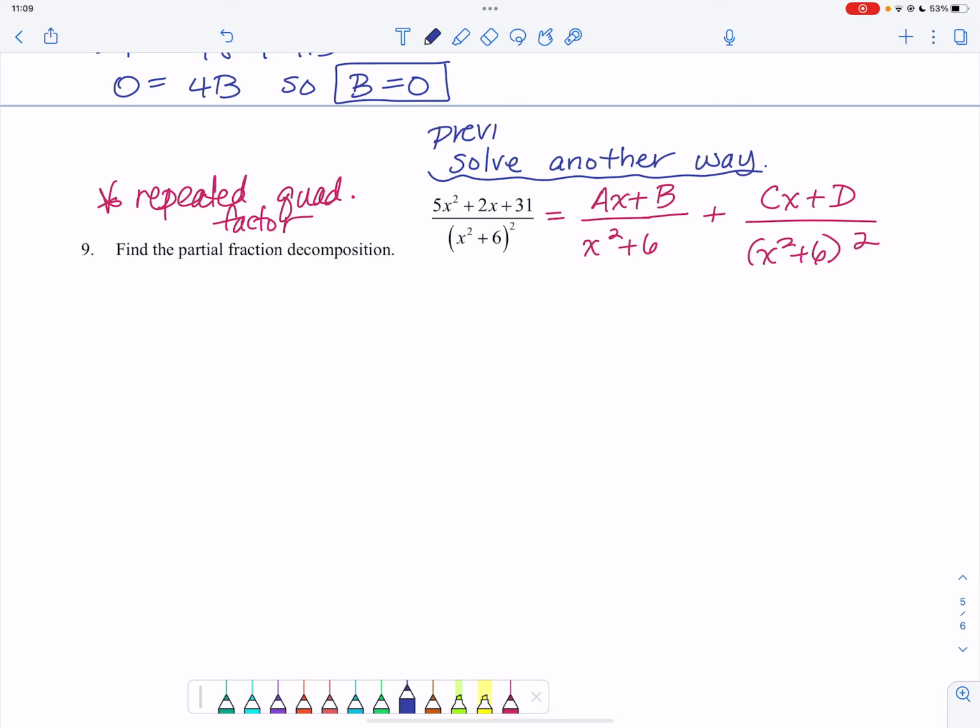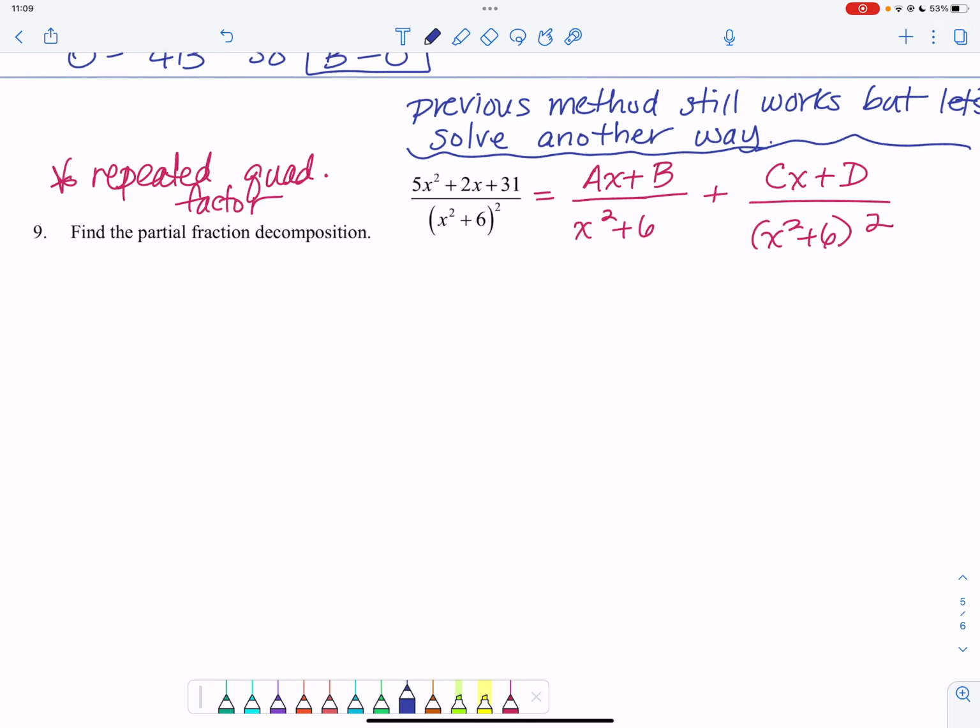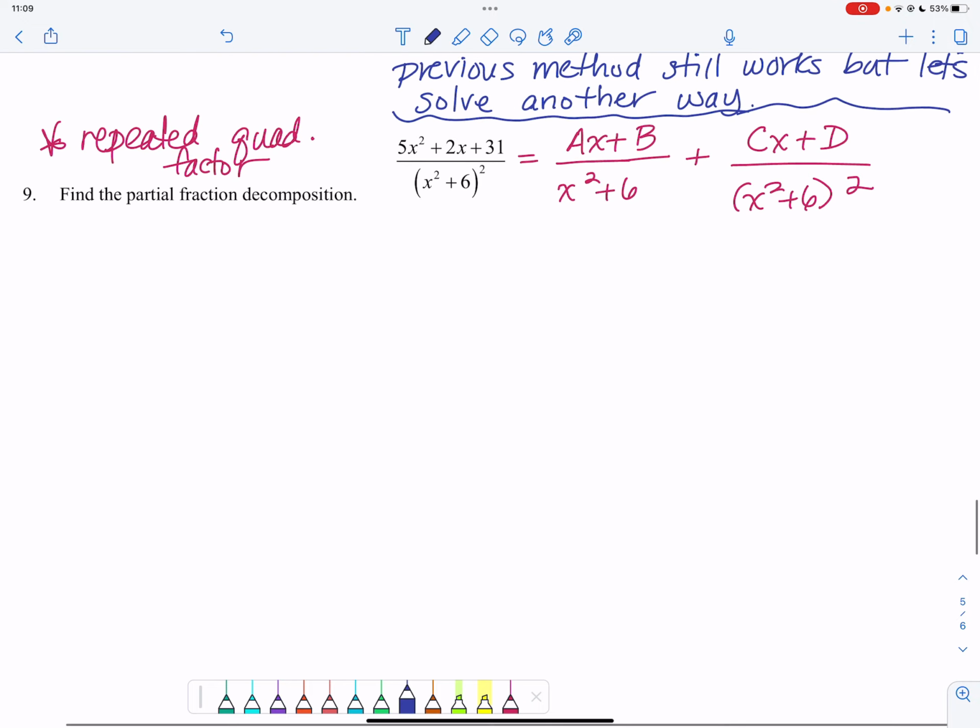Previous method still works. But let's solve another way, okay? Same method that we begin with.